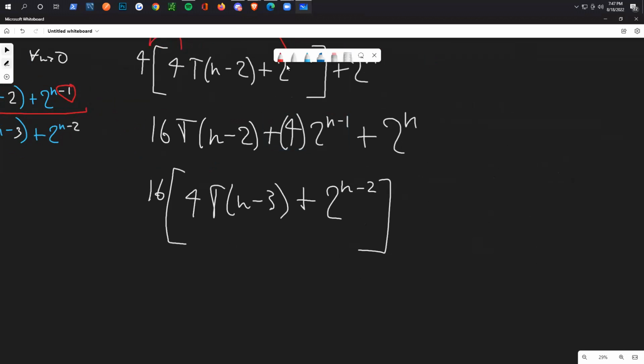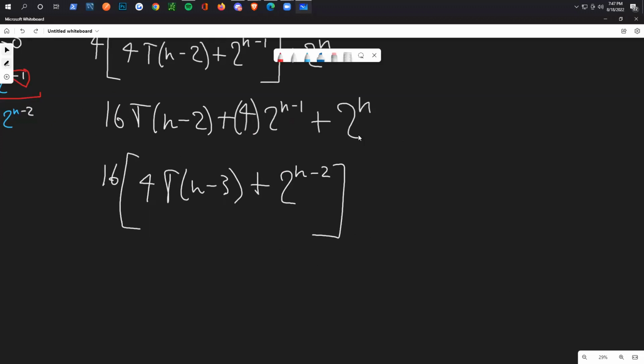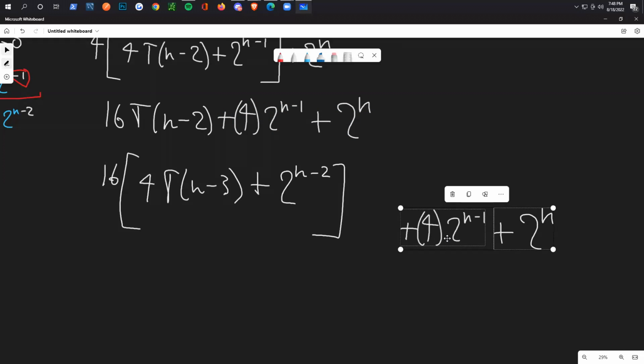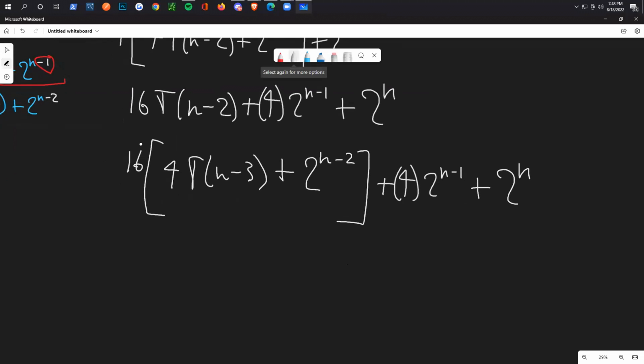Okay, so this is T of n minus 2, what I just added in right here. And now what's going to end up happening is we're going to have to account for what's on the outside of this right here. So we're just going to copy this over. And there we go. Now to simplify, we just have to distribute 16.